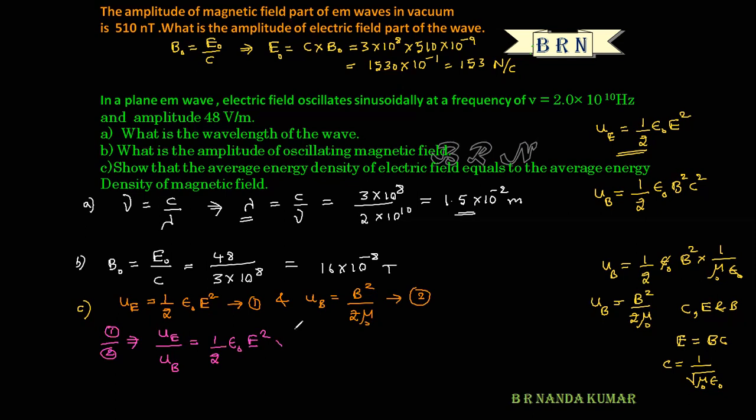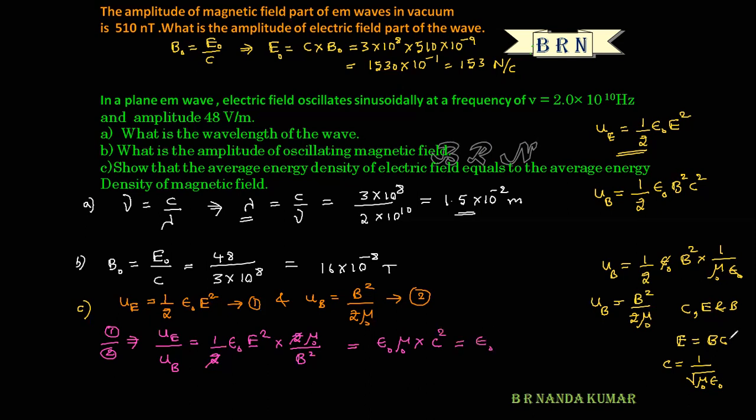The denominator is shifted to the numerator, so the 2 cancels, leaving epsilon naught mu naught into E by B whole square.